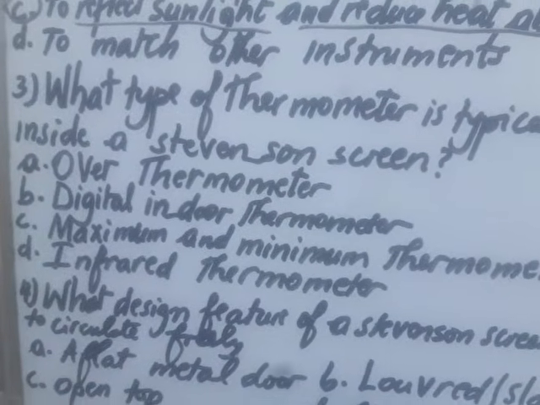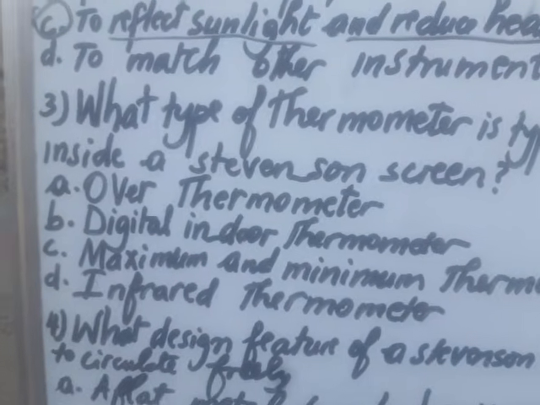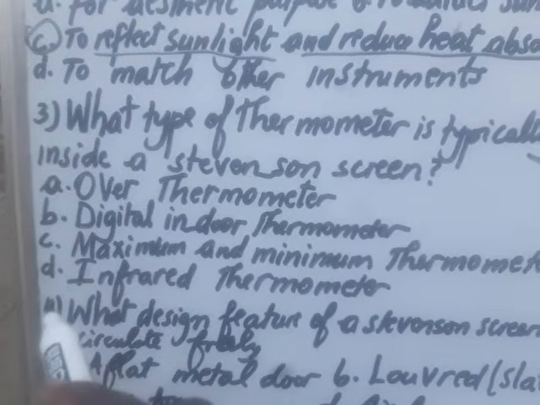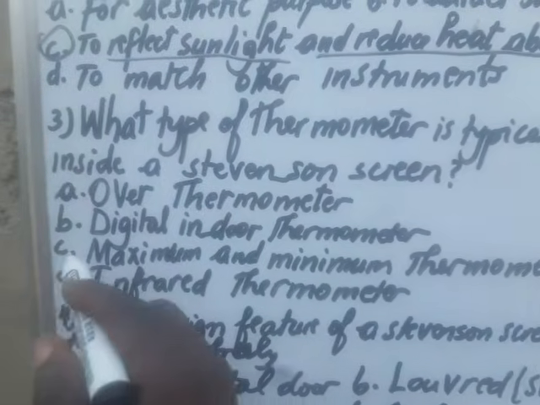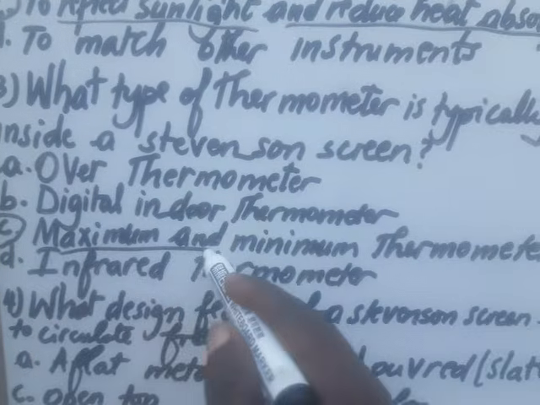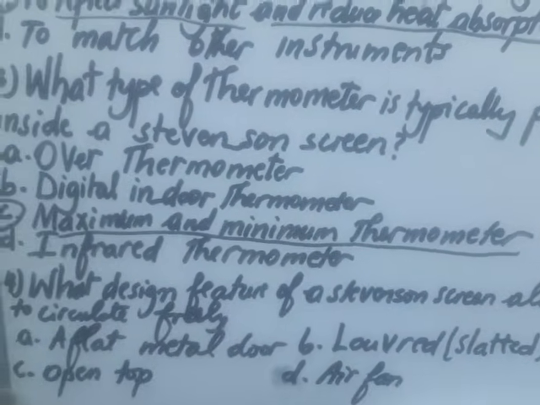D, infrared thermometer. The correct answer is C, because the thermometer type typically placed inside a Stevenson screen is the maximum and minimum thermometer. Therefore, the correct answer is C.